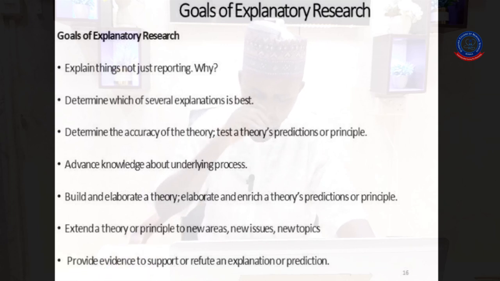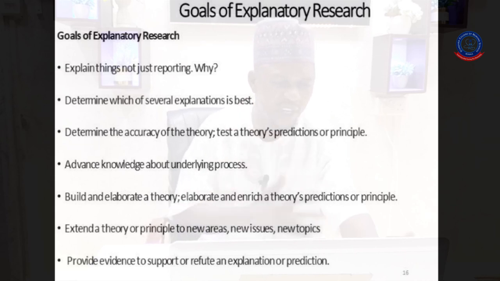You don't just jump into a conclusion and decide. You look at the percentage of accuracy and what the hypotheses are after you run a particular process or test. Then you advance knowledge about underlying processes. In explanatory research, you are advancing knowledge because you always try to give the reason why this is so.